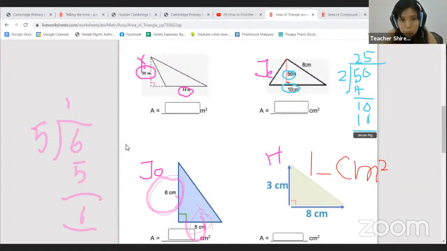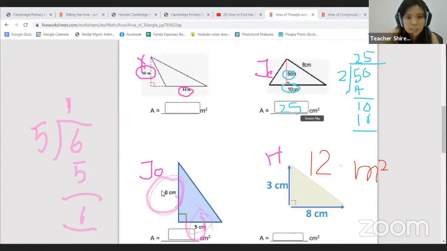This one. And then times first. Times first.